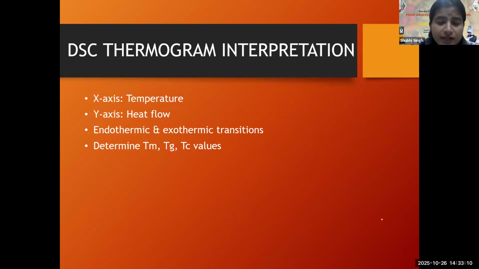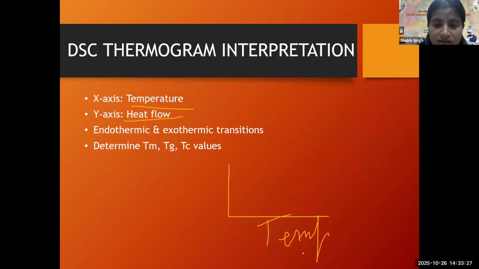Then after getting the thermogram, how will we interpret it? The x-axis will be the temperature and the y-axis will be the heat flow, Q by T, which we have studied before.